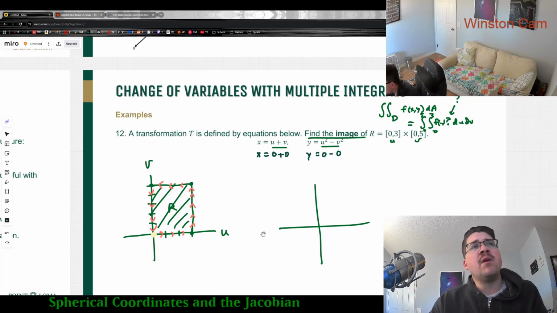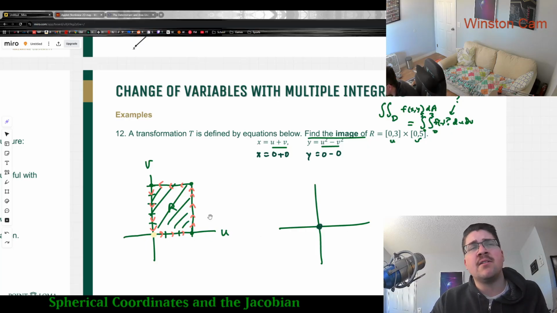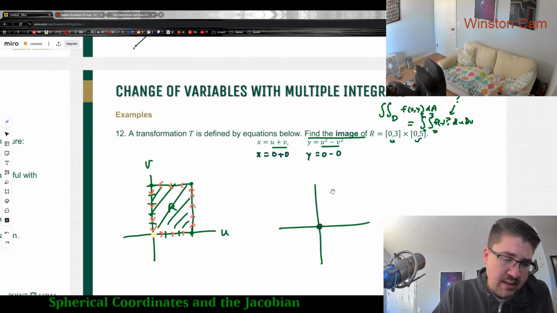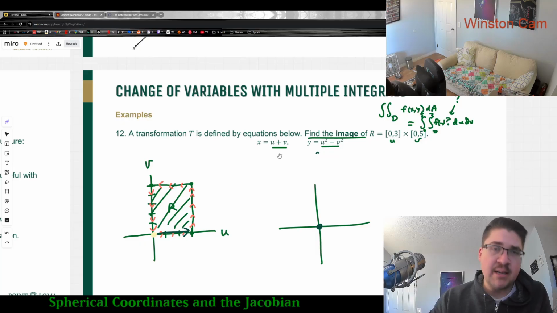So in the transformation, we're actually still going to be starting at the origin. That won't always be the case, but it makes it easier to note that we're starting at the same point. And if we move along the u-axis along this rectangle, let's focus on that specifically, because v would be fixed at 0, and u is going to move from 0 to 3.